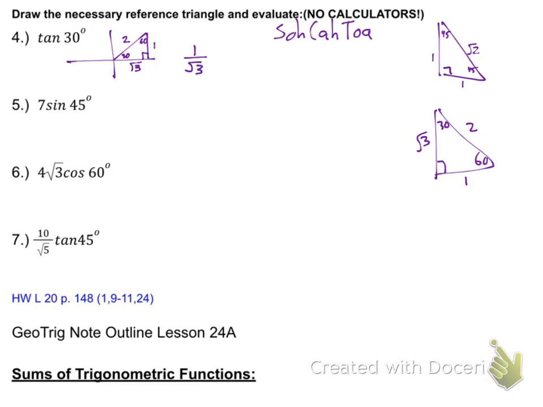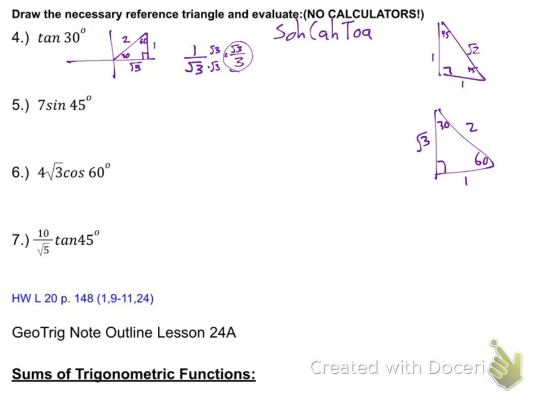Ta-da! Now, do we leave things with square roots in the basement? No. We fix it. We multiply by square root of 3 over square root of 3, so it becomes square root of 3 over 3. That's what you have to do.